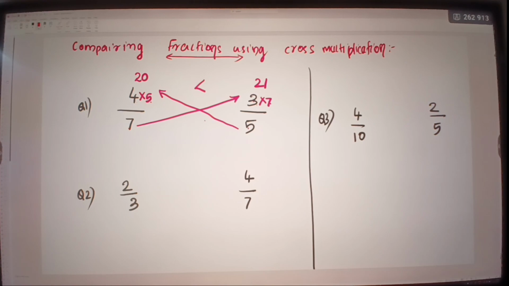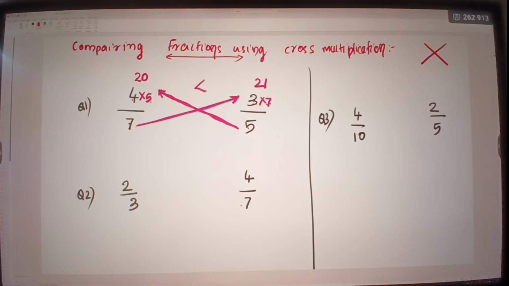So how to do this problem? You have to draw a line, a cross. So how do you draw a cross? Like this. That means 5 you have to multiply with 4 and 7 you have to multiply by 3. So 4 times 5 is 20, 3 times 7 is 21. So 21 is greater than 20. So 4 over 7 is less than 3 over 5.